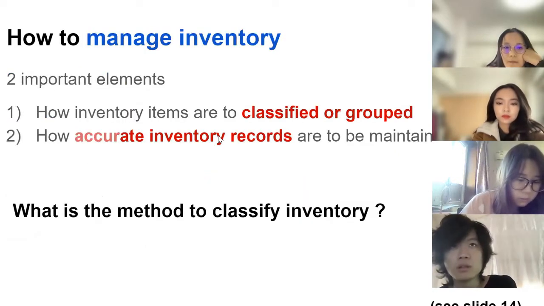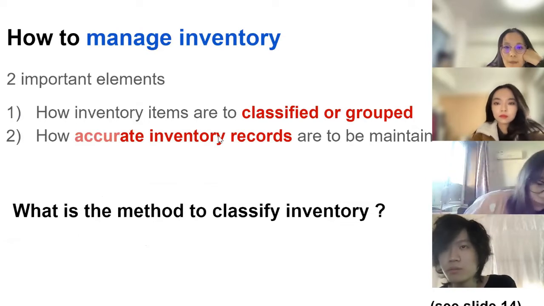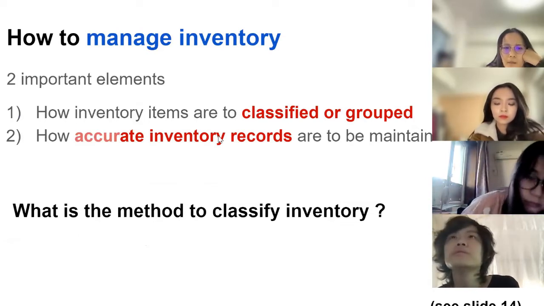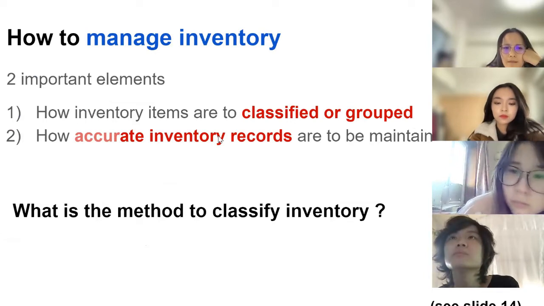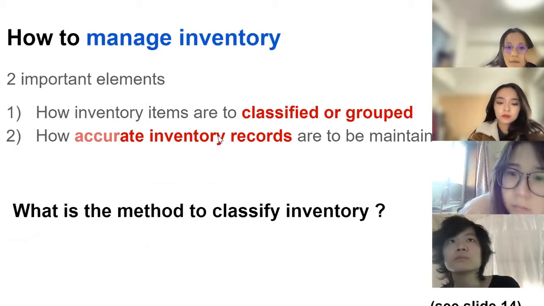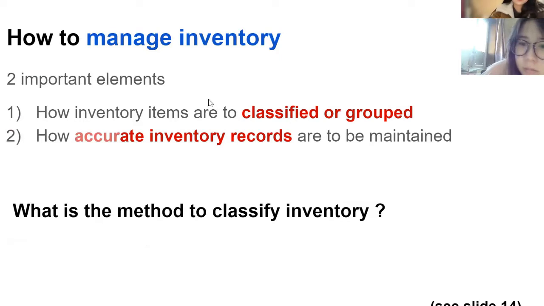Now I want to move on to the next one. Once we understand the need to have inventory, we need inventory and at the same time we want to know how to manage it.